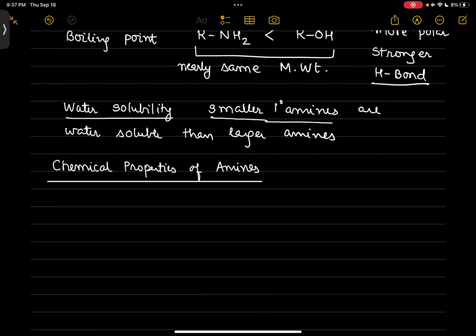With acids. That is the basic strength. Basic strength of amines. Amines act as Lewis bases.